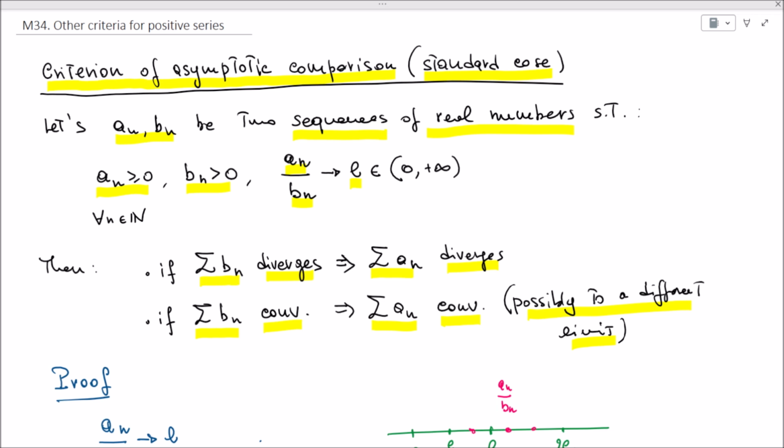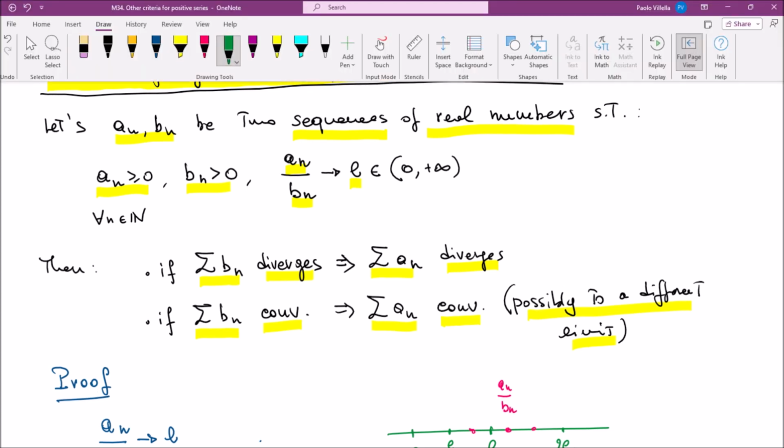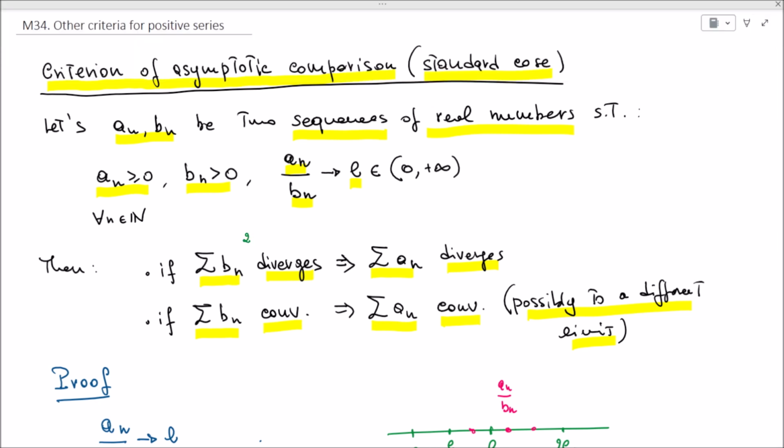So we are saying that in the first case, if the series sum Bn is of type 2 or 3, then we can conclude that also the sum of An is of type 2 or 3. If instead the sum of Bn is of type 1, also the sum of An is of type 1. So we have a one-to-one mapping between the behaviors of the two series.